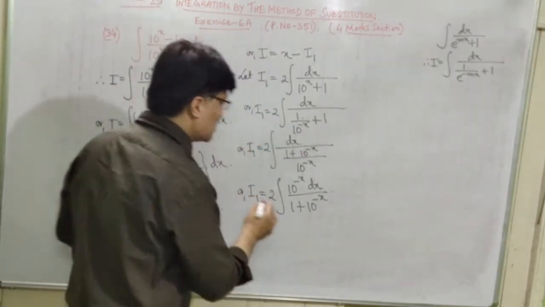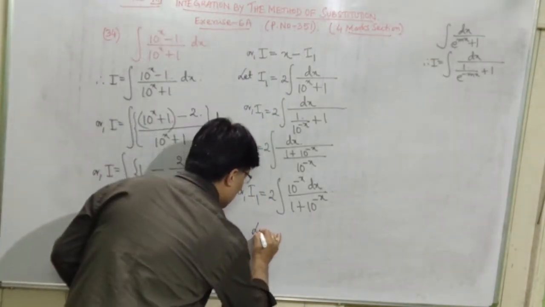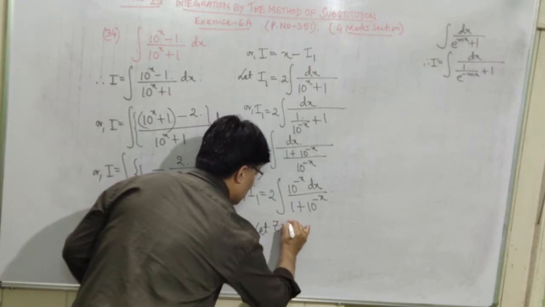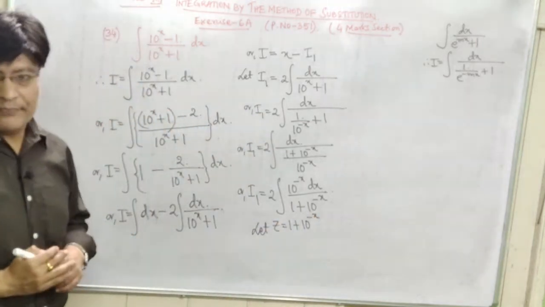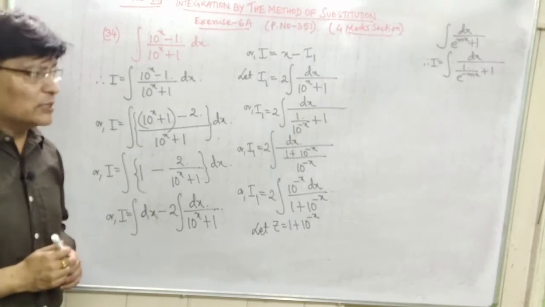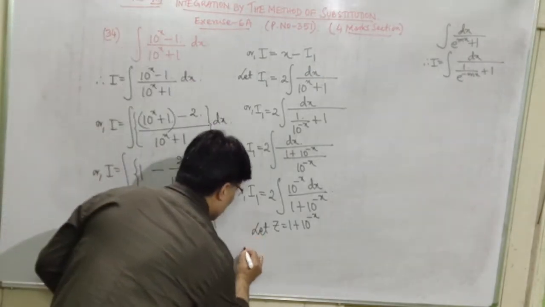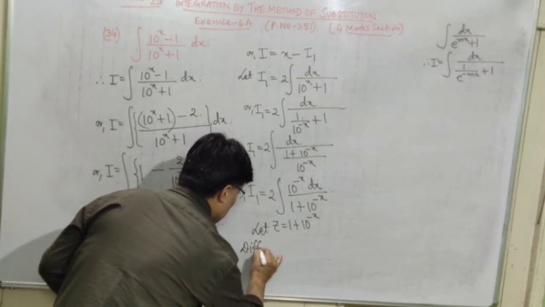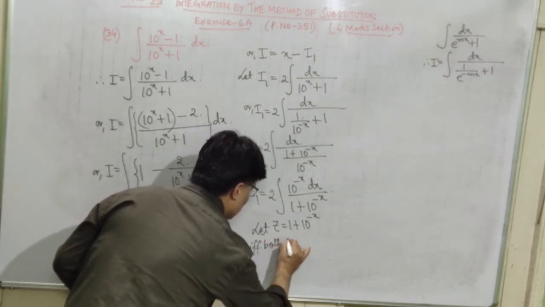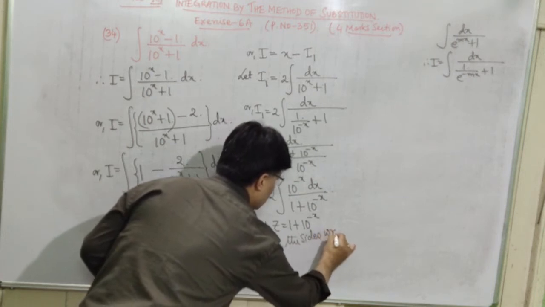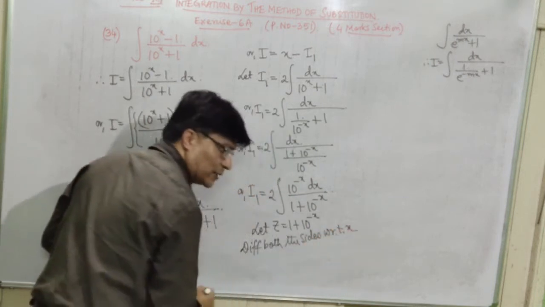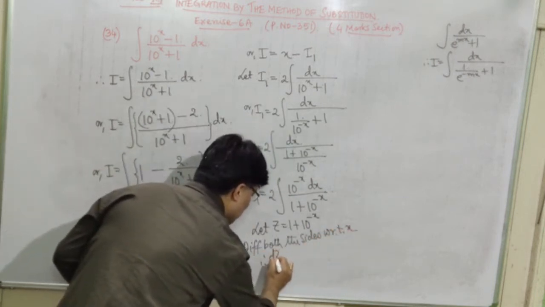So let z is equal to 1 plus 10 to the power minus x. Let us do the method of substitution now in this case, okay? So we can differentiate both the sides with respect to x.